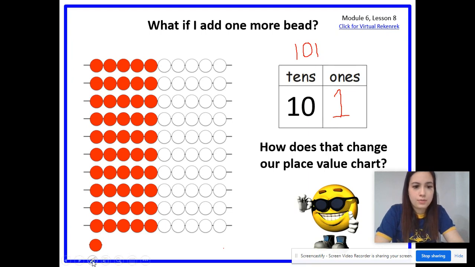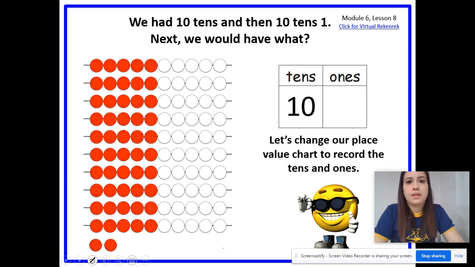So now we're going to continue to count. Let me erase this. We're going to continue to count and add ones. Ready? So I just added another 1. And now we have 10 tens. And how many ones, boys and girls?